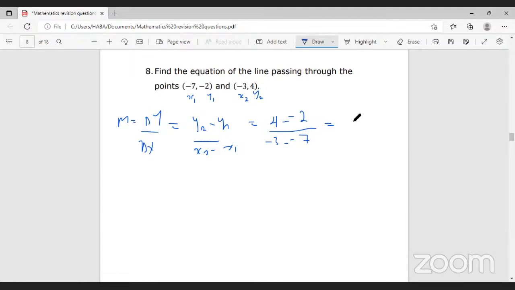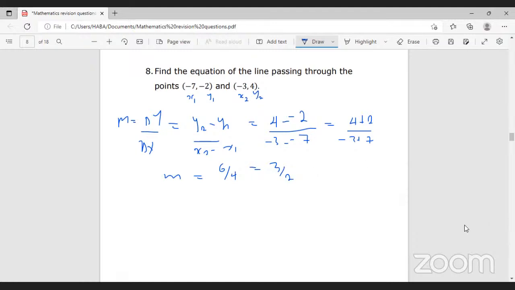So the upper one will change to 4 plus 2. And this will become -3 plus 7. 4 plus 2 is 6. -3 plus 7 is 4. So can we say this is 3 divided by 2.